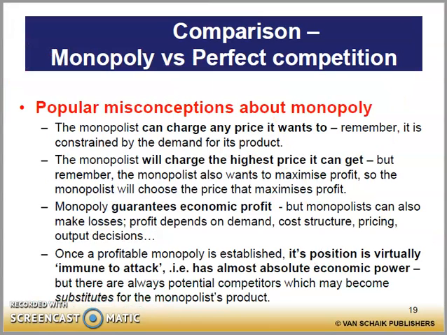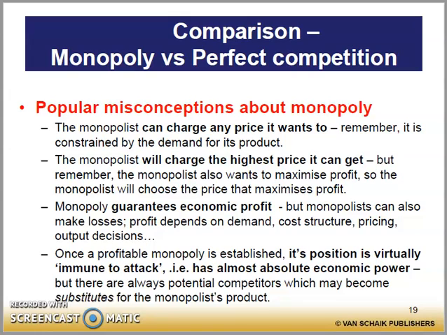There are some misconceptions about monopoly that need our attention. It is often claimed that monopolies can charge virtually any price they want. However, this is not necessarily true. Like any other firm, a monopoly is constrained by the demand for its product.